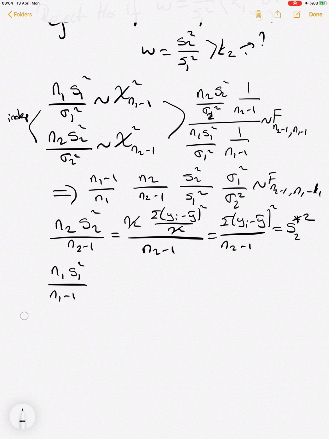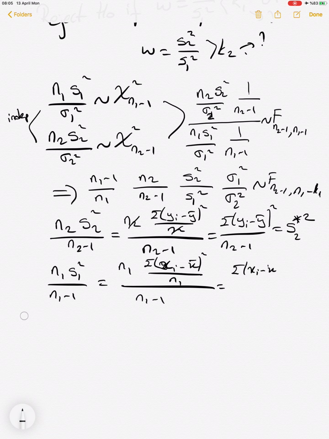So now our test statistic turns out to be a function of the unbiased versions of the sample variances. So for x, we have the sum of (xi minus x bar) whole square divided by n1 minus 1. Let's name it S1 star square.